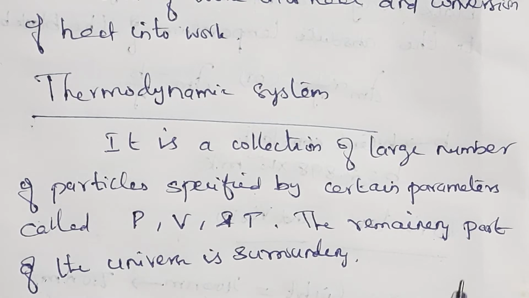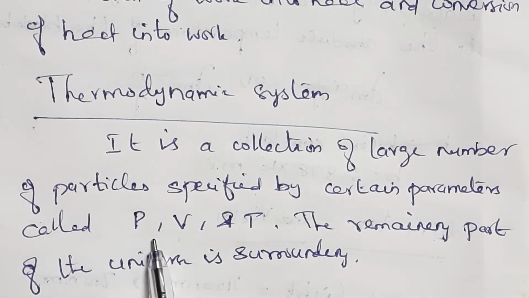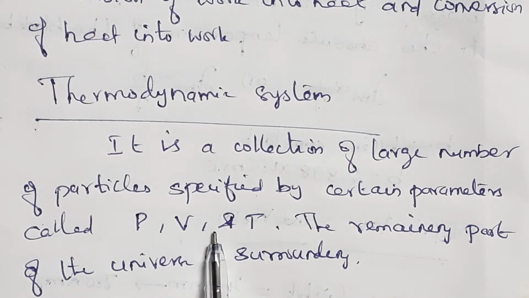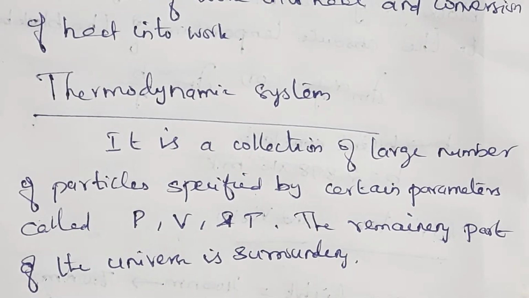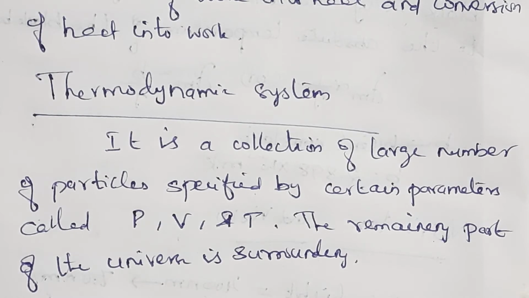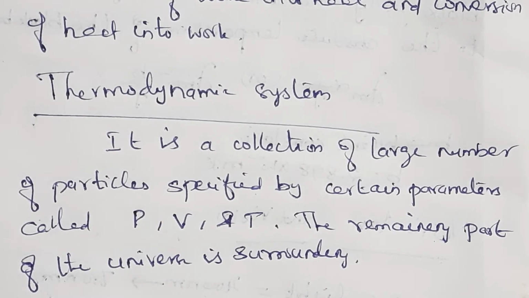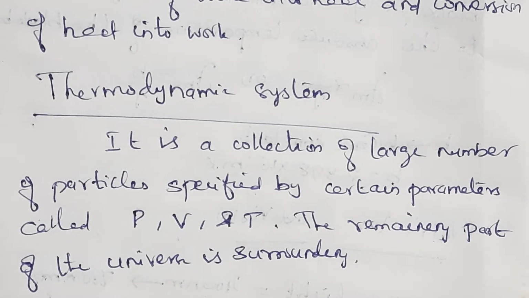It is a collection of a large number of particles, in the sense atoms and molecules, specified by certain parameters called pressure, volume and temperature. The remaining part of the universe is called surroundings. Both are separated by a boundary.